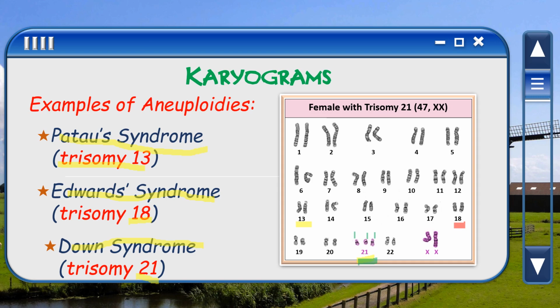Here our karyogram is telling us that aneuploidy has occurred on chromosome number 21, and when trisomy occurs on chromosome 21, that is Down syndrome.